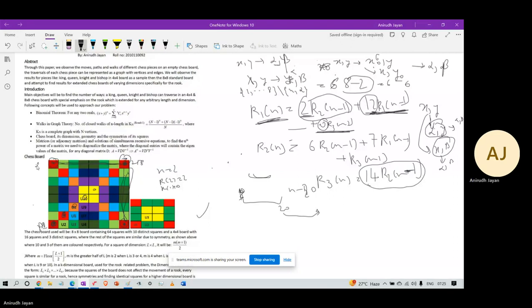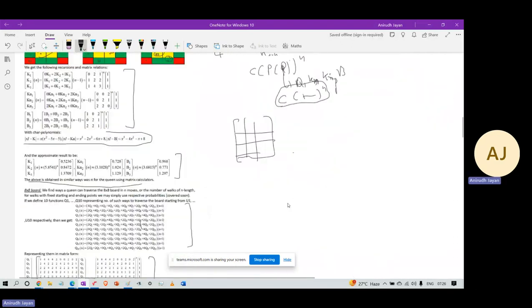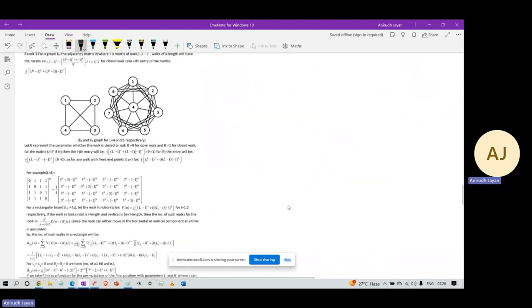This is alpha comma y and x comma beta, and this is alpha comma beta, and this is x comma y. So there are 2 squares here, 2 R2 n minus 1. So we have gotten all 3 equations.